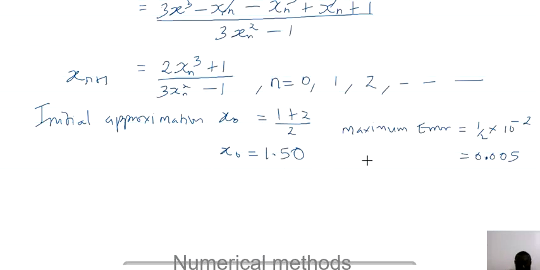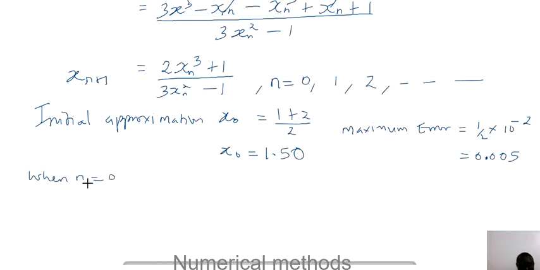Now our formula is here, and we have to use it to find the root to 2 decimal places. Let us start. When small n is equal to 0, remember this is the formula, 2x_n power 3 plus 1 all over 3x_n squared minus 1, where this small n here is from 0 up to, they continue, takes on positive whole numbers.